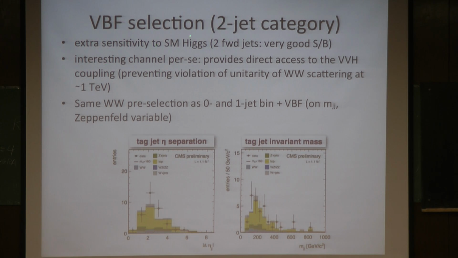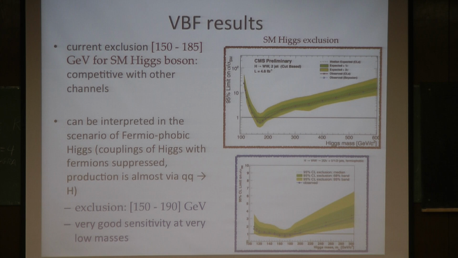This is the VBF selection for the 2-jet category for WW, and what we see is that we have agreement between the data and the predictions, and so the way the VBF only results are used in order to put this 95% confidence limit is shown here, and the limit, it's excluded 150 to 185, so it is competitive with the other channels, and this is the 150 to the 185.